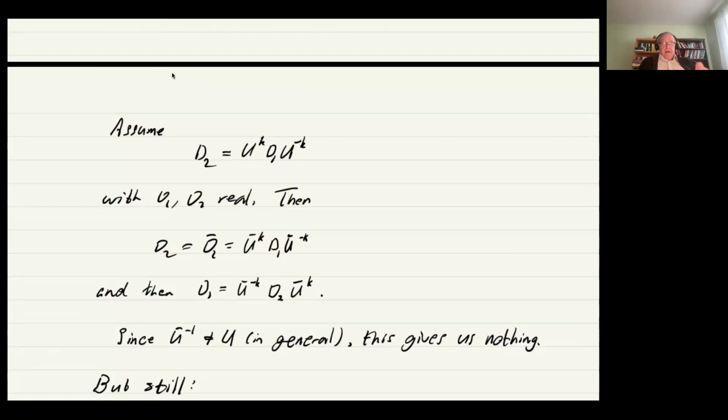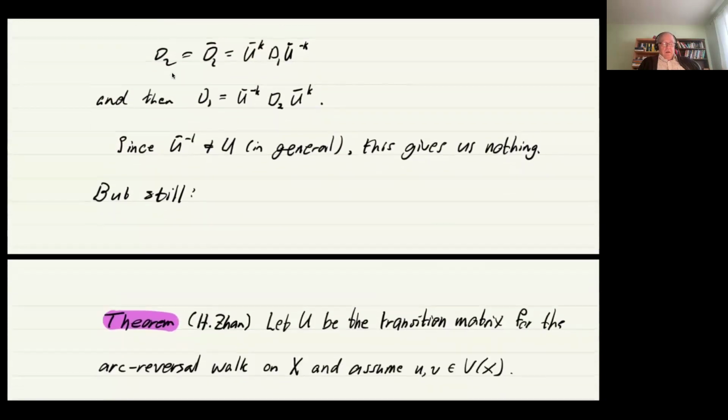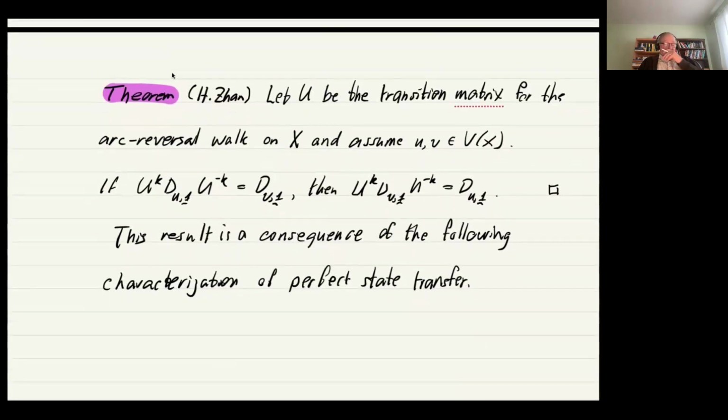So the point is that if we get state transfer from one real state to another, we don't necessarily get transfer back again, and so we don't get periodicity. Okay, that's just a general fact we have to live with. But Harmony proves a nice result.